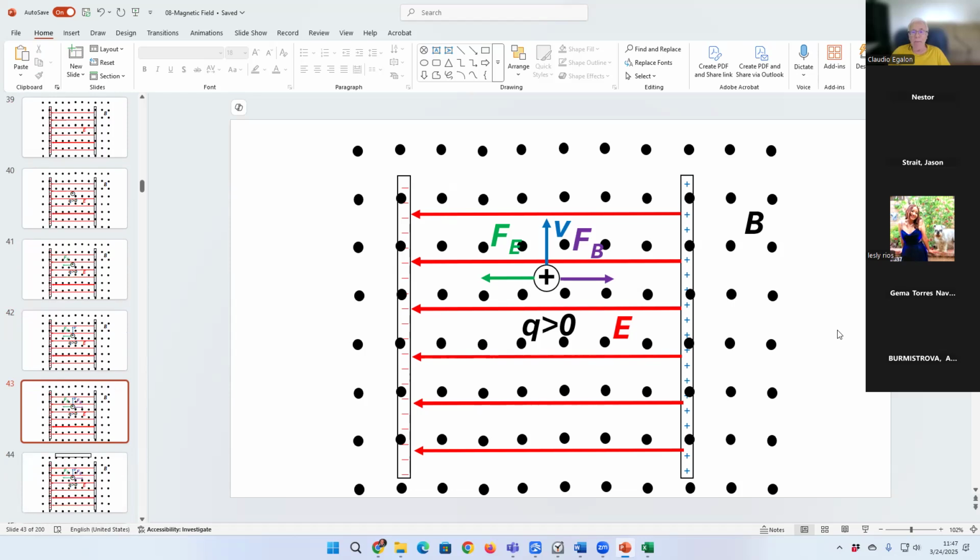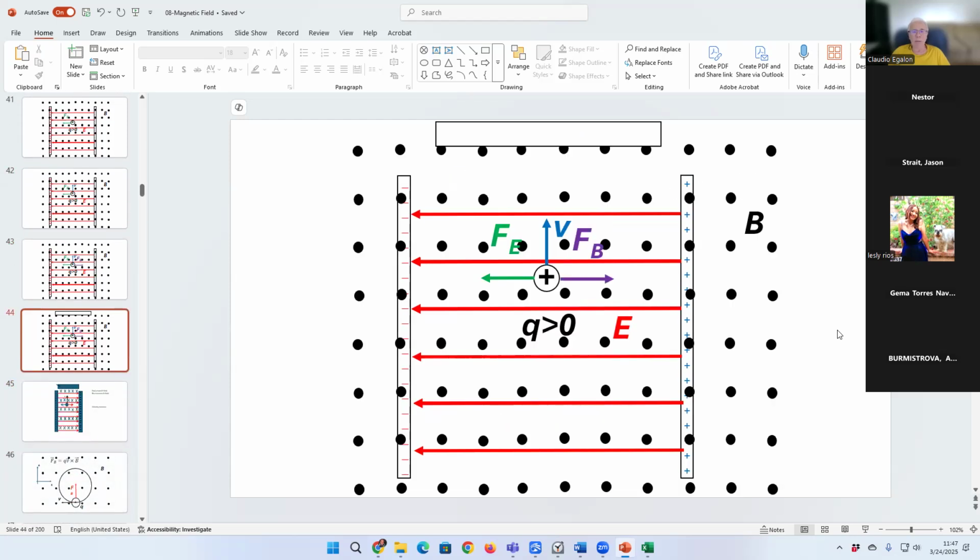And now, if you adjust your magnetic field in such a way to produce a magnetic force that is equal to the electric force, the net force applied to the particle is going to be zero. And the particle is going to fly through this region of electric and magnetic fields undisturbed. Okay? So that's what the velocity selector is all about.